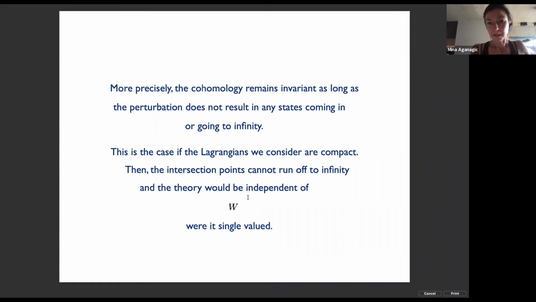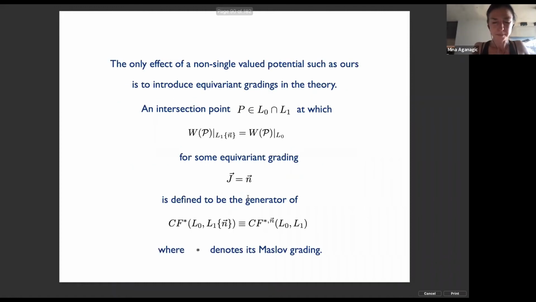And the theory would be entirely independent of the potential were it single valued. The Lagrangians that we really need to get invariants are all compact, because in particular, they're related by mirror symmetry, or equivariant mirror symmetry, to branes on the big X, which are certainly compact. Now, for such compact branes, the only effect of a non-single valued potential such as ours is to introduce equivariant gradings.